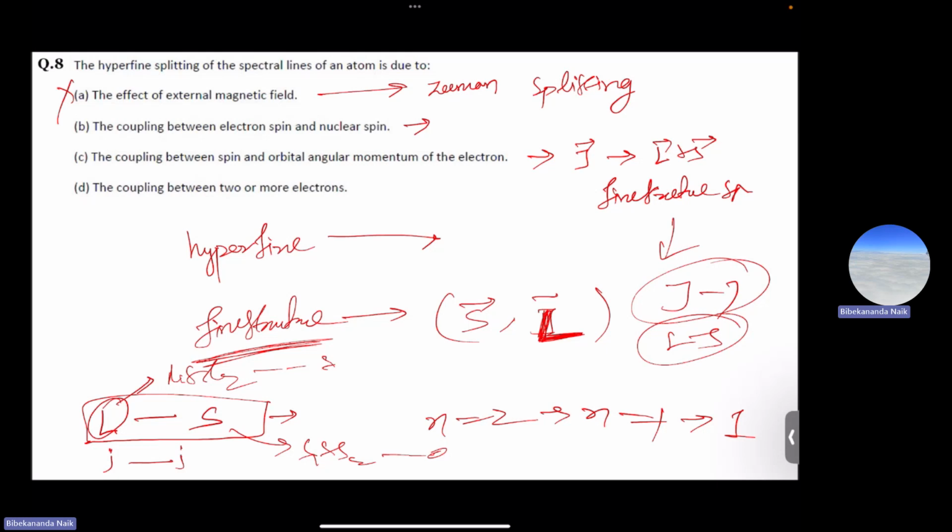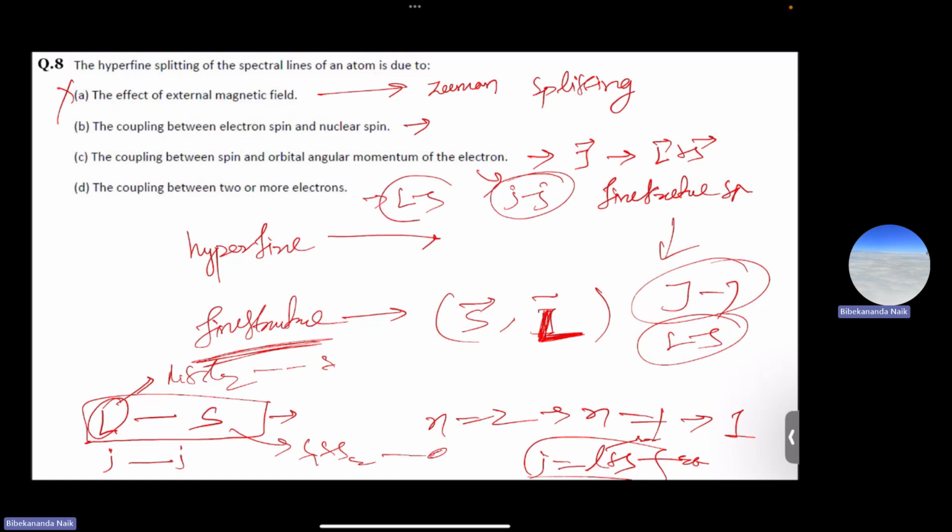This is the concept underlying LS coupling. But in case of JJ coupling, for a single electron the coupling occurs first. There is coupling between the spin and orbital angular momentum, that is, small j is equal to small l plus small s. So this is orbital and this is spin. This coupling between spin and orbital angular momentum we can specifically call JJ coupling, but the coupling between two or more electrons can be called LS coupling.